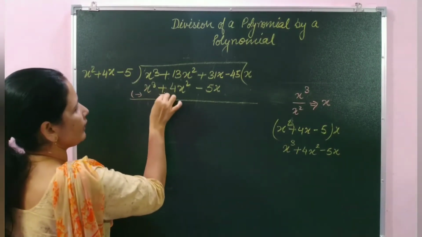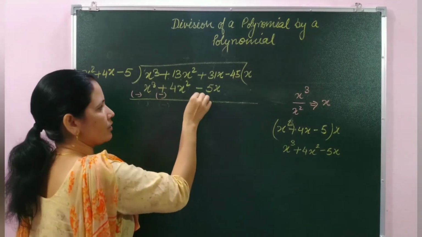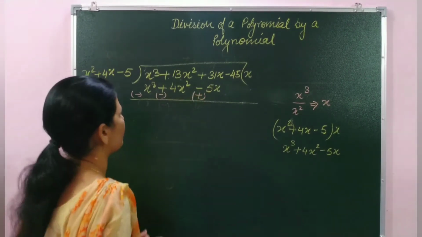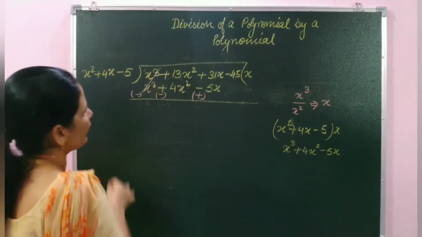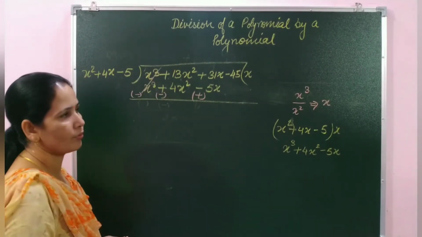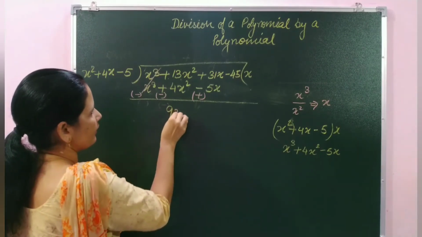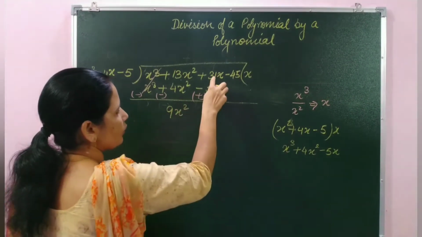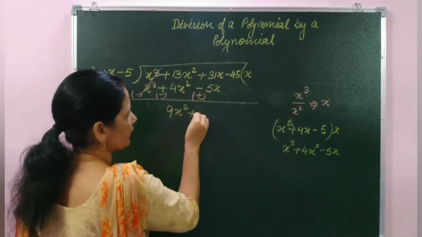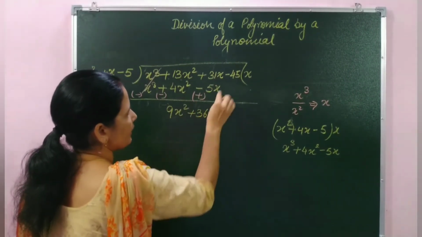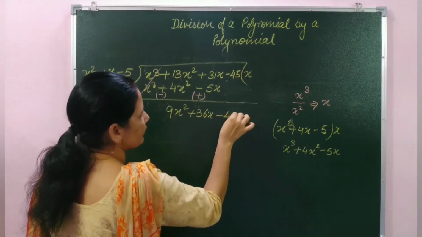Minus, minus: this one is minus, so it converts to plus. x cube cancels by x cube. 13 minus 4 will be 9x square. 31 is plus and 5 is also plus, so 31 plus 5 is 36x, and then minus 45 is brought down.